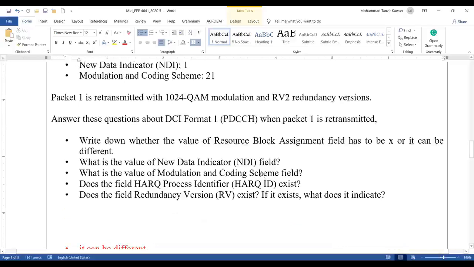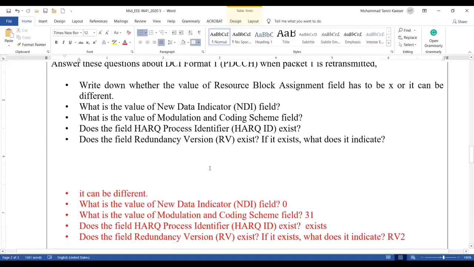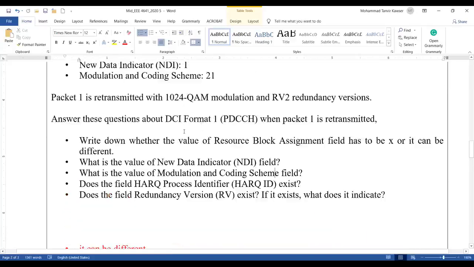If you support up to 1024 QAM, then the last 5 values are used for this purpose. If you support up to 256, then the last 4. If you support up to 64, then the last 3 MCS values are used to indicate the modulation order for retransmission. Since it is 1024, you have the last 5 values.